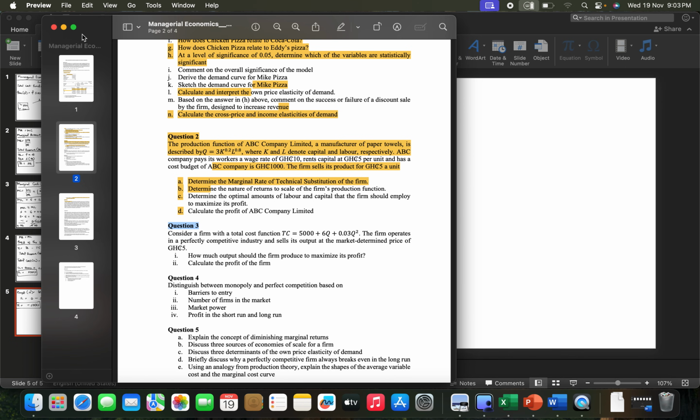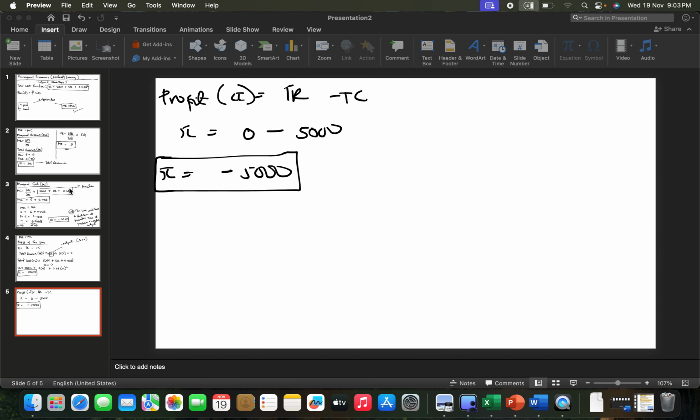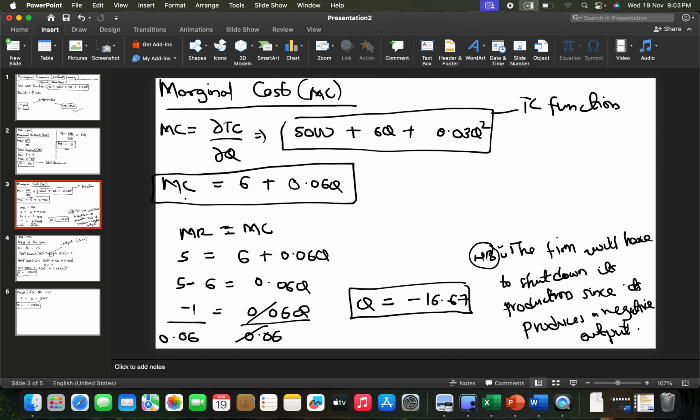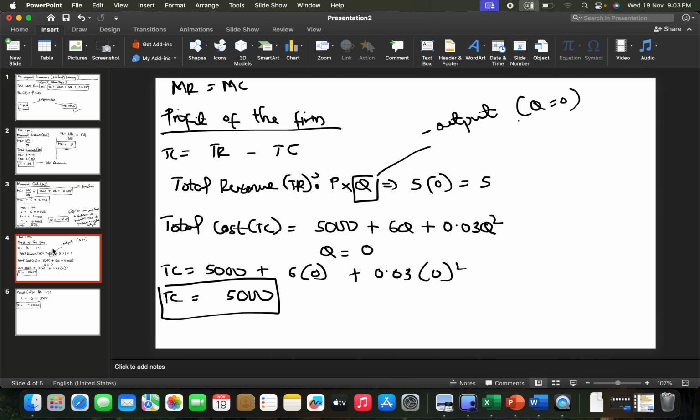So I move back to our solution. I got marginal cost from total cost, and marginal revenue from total revenue. Now I have Q to be minus 16.67. That's output. So this is our profits, total revenue minus total cost. So I have total cost now to be 5,000. Total revenue is 5.